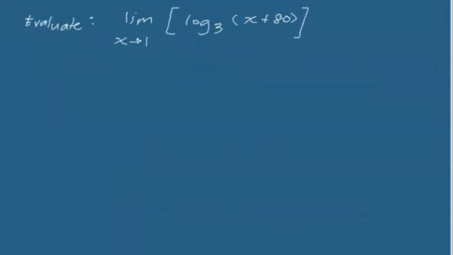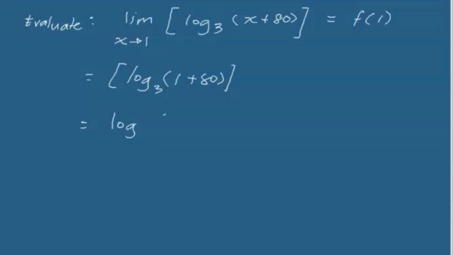Evaluate the limit of the logarithm of x plus 80 base 3 as x approaches 1. So by direct substitution, this will be equal to f of 1. Let's substitute our x with 1. So it's the logarithm of 1 plus 80 base 3. So this will be the logarithm of 81 base 3.